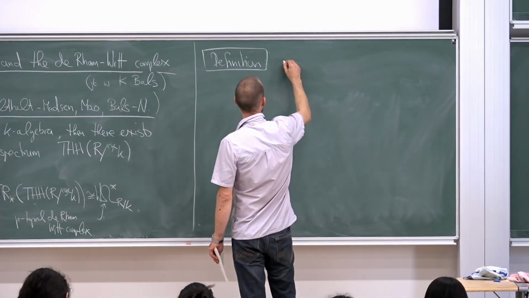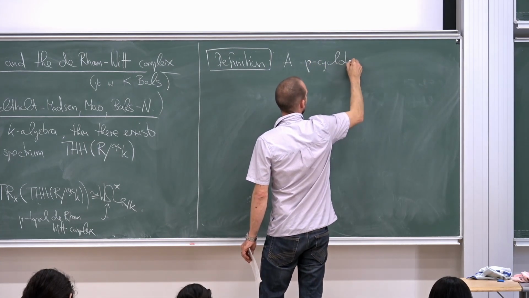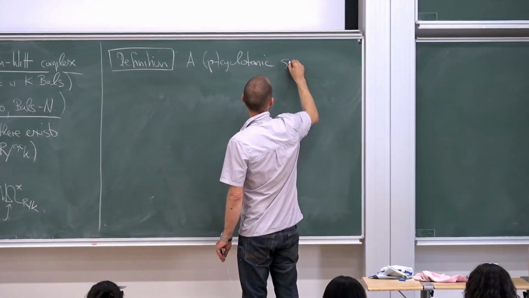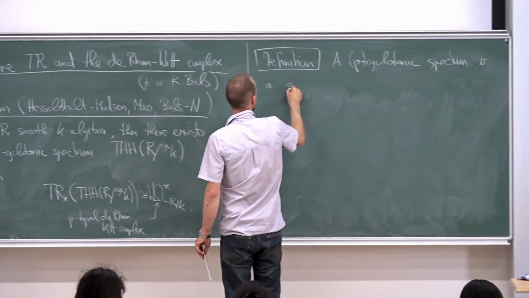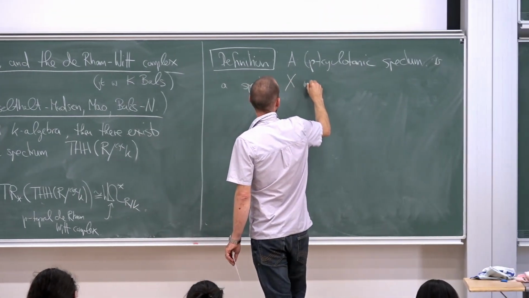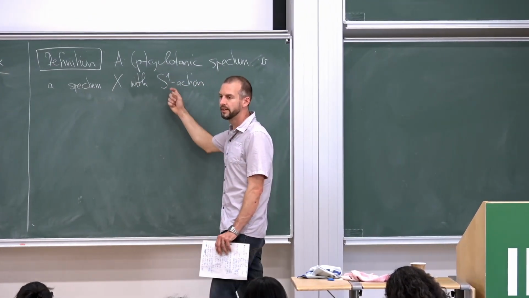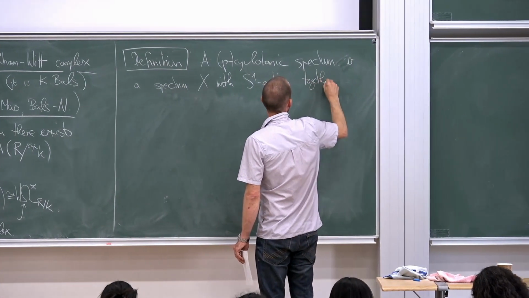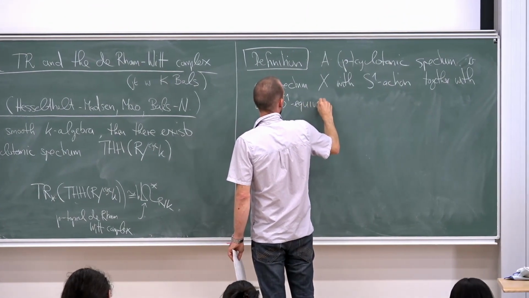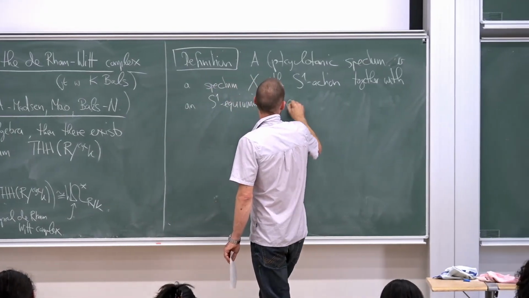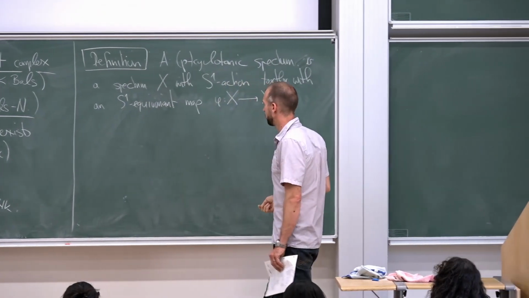Let's recall what a p-cyclotomic spectrum is, and I'm going to drop the p, so I'm going to say it this one time, and from then on everything is going to be cyclotomic. It is a spectrum X with S1 action, and that means in the naivest possible sense, an S1 action, together with an S1-equivariant map phi from X to X Tate C_p. That's the Tate construction with respect to C_p.